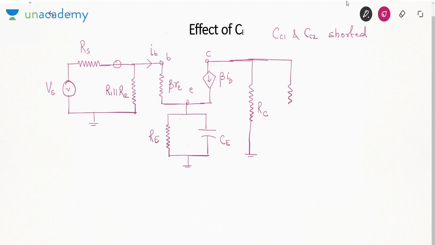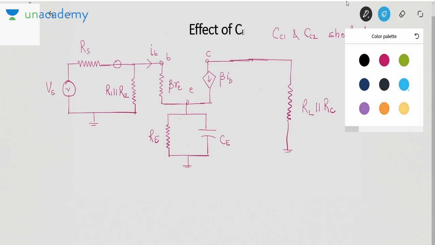So I will directly show the load resistance RL. So again what I wish to find is the cutoff frequency associated with CE. So first thing that I'll do is, these two resistances are in parallel, so they will be combined into one resistance, and that one resistance will be RL parallel RC.